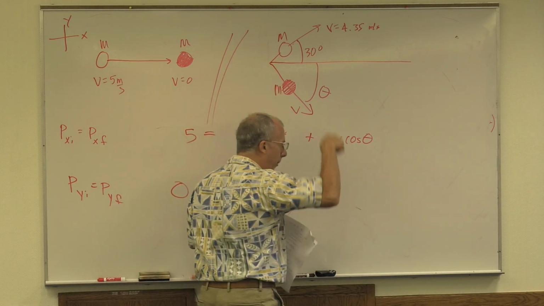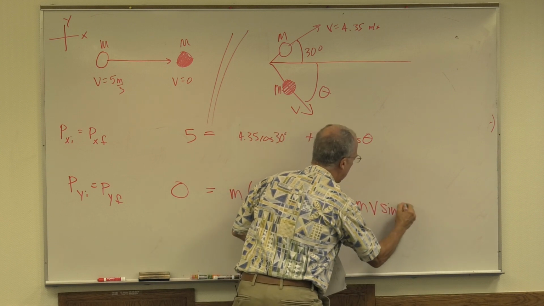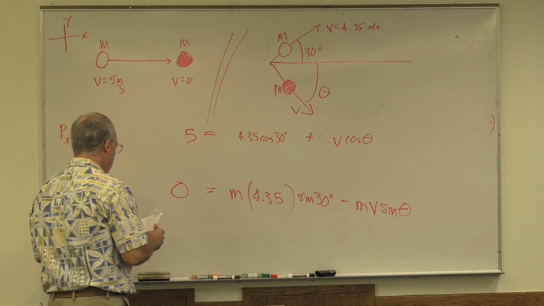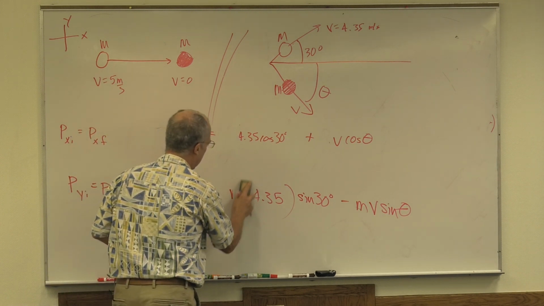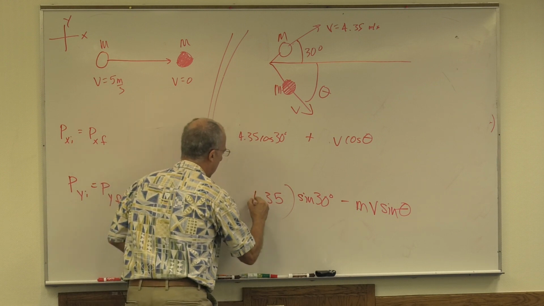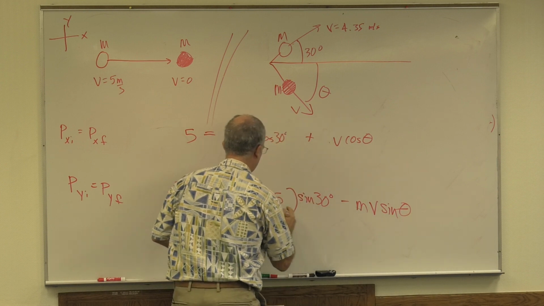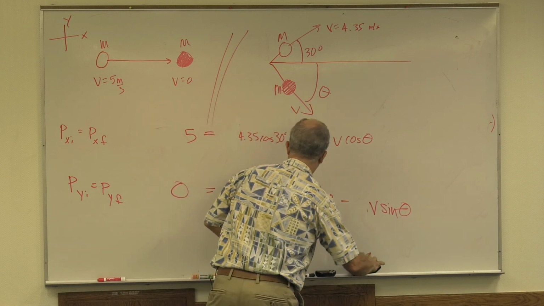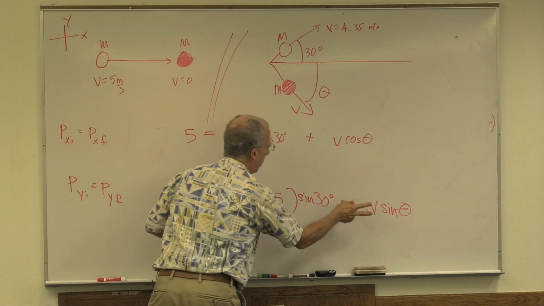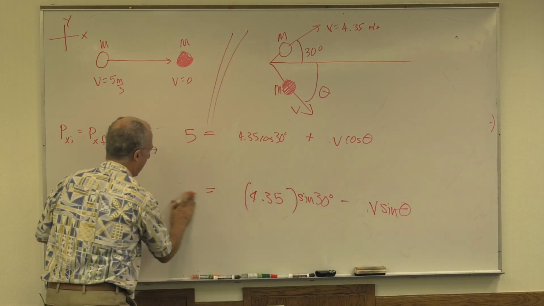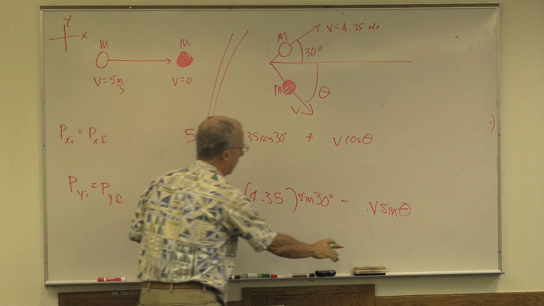So here the y momentum is minus m v sine theta. Just like before, we can divide both sides by the m. And if we feel like it, let's put that over here. So I have v sine theta equals 4.35 sine of 30.